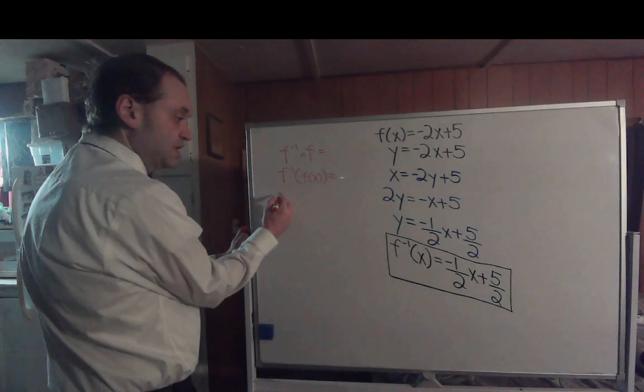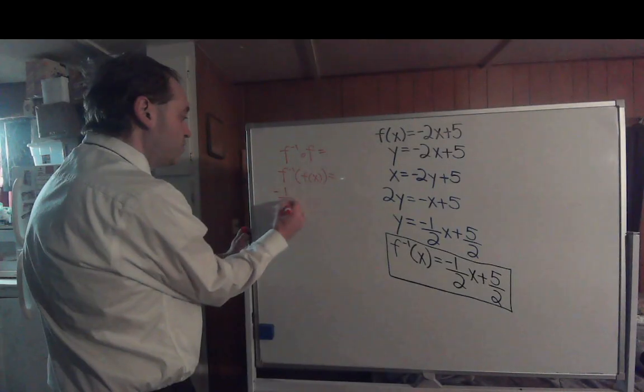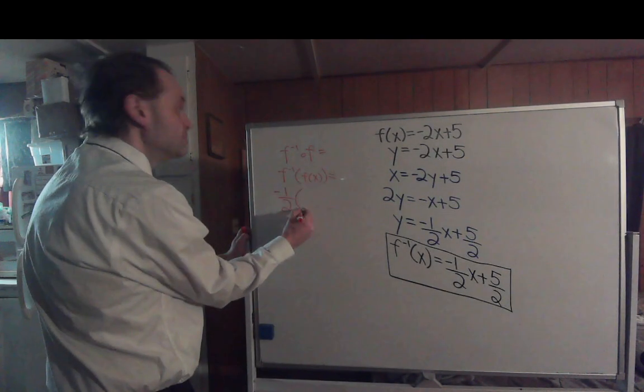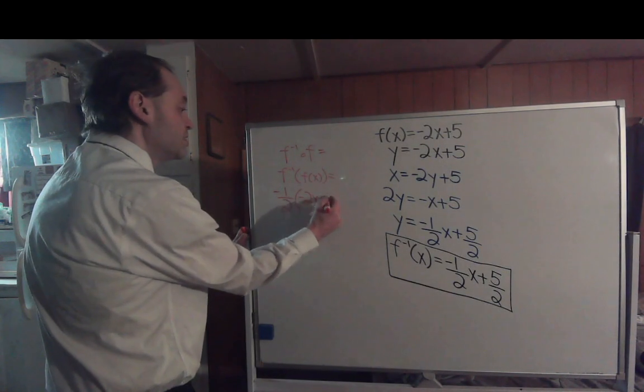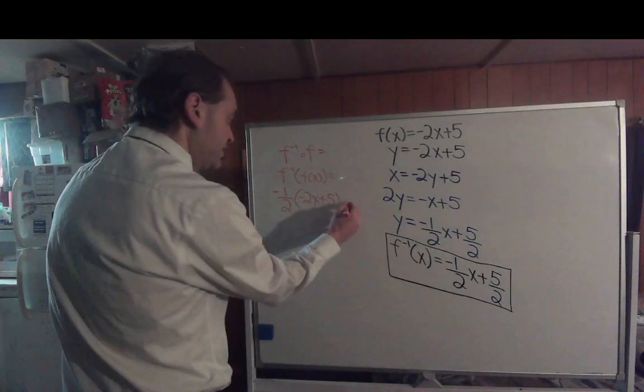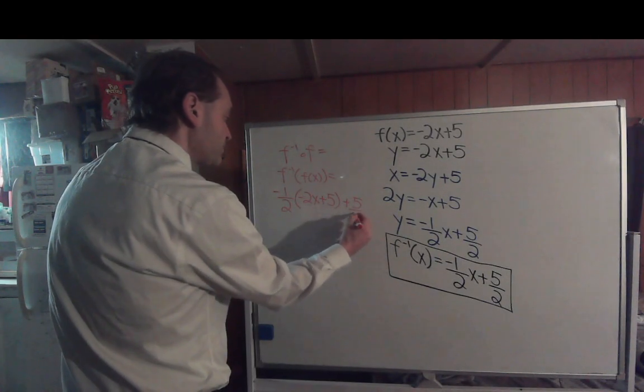So that's going to equal negative 1/2 times that negative 2x plus 5, then plus 5/2.